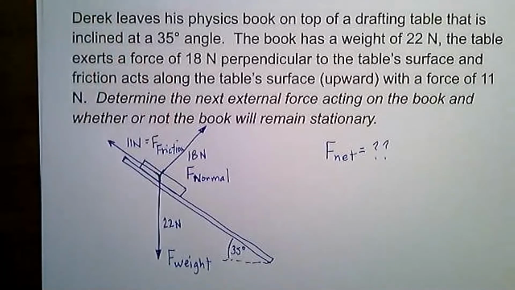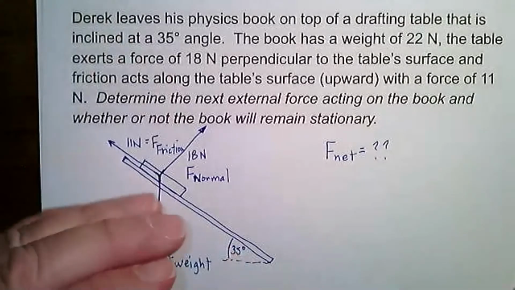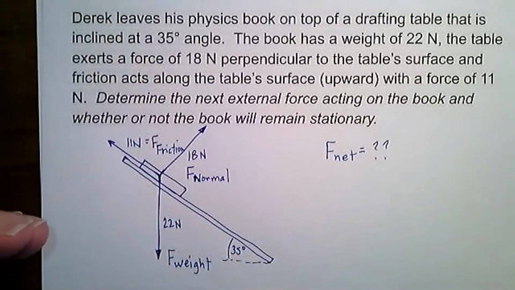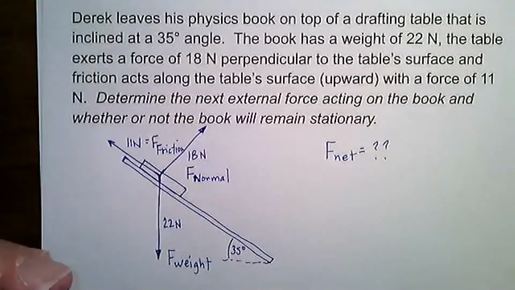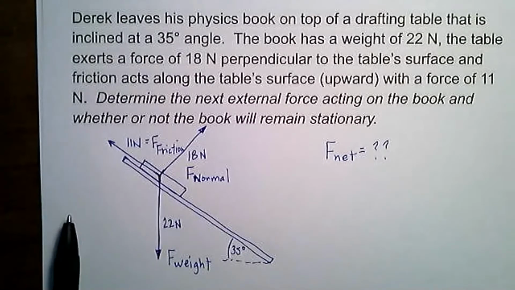Once we've done that, the next thing that I'm going to want to do, anytime I get a question on a surface that's not horizontal, this would be far easier if this was a horizontal surface, but it's not, so what I do is rotate my coordinate system. So what the heck does that mean? Well, a coordinate system is like your XY axes.